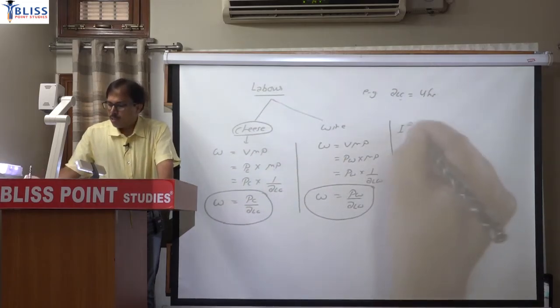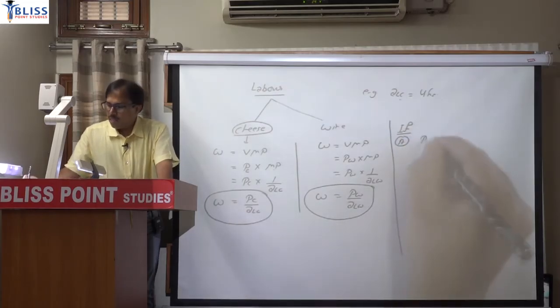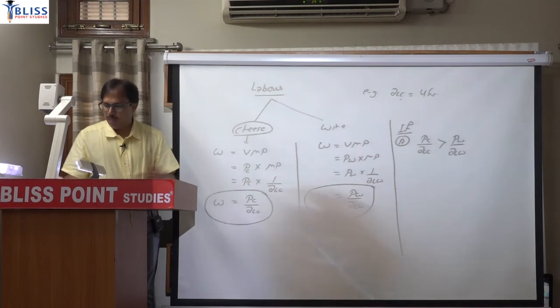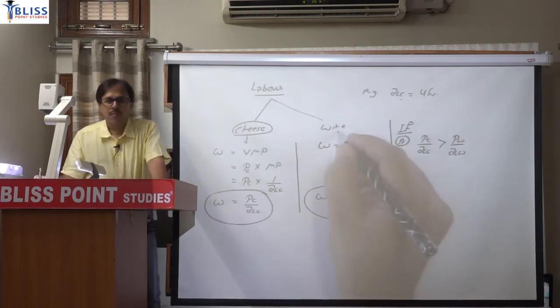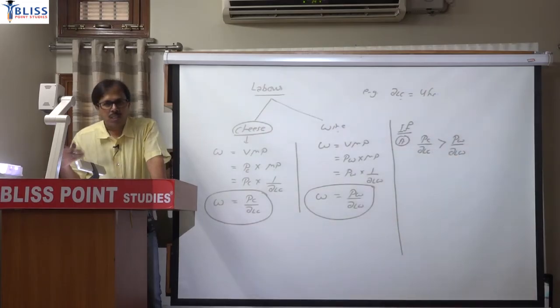Now there are certain possibilities. Write down certain conditions. If I say PC upon ALC is greater than PW upon ALW, then what is exactly PC by ALC? PC by ALC is wage in cheese, and PW by ALW is wage in wine. So if PC by ALC is greater, it means wage in cheese is greater.